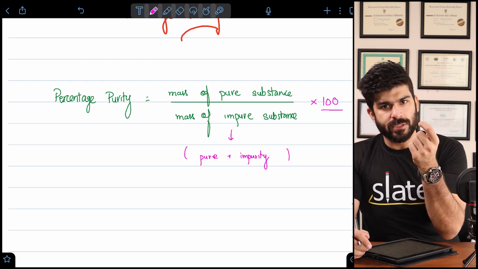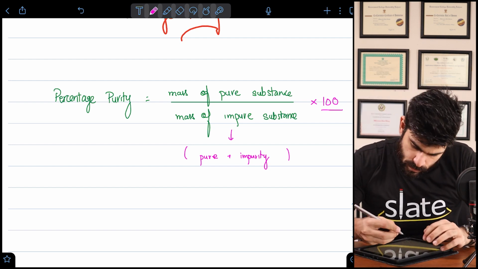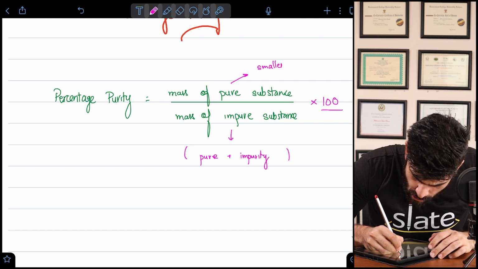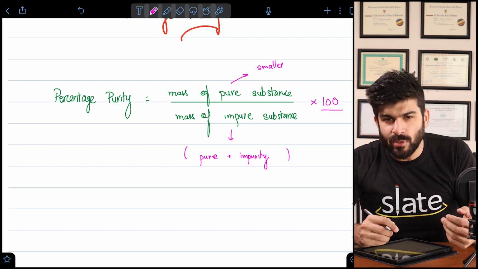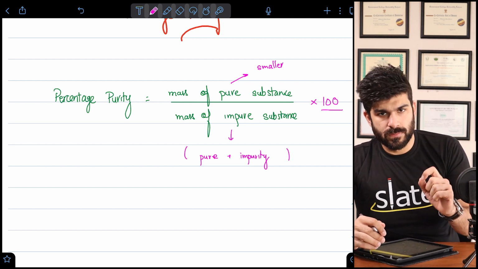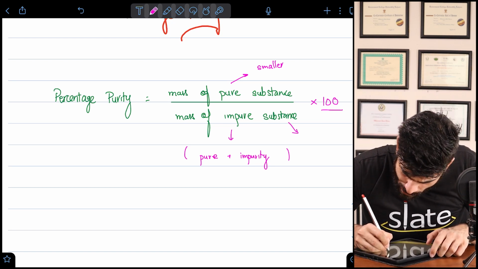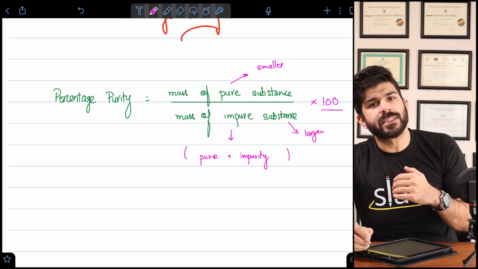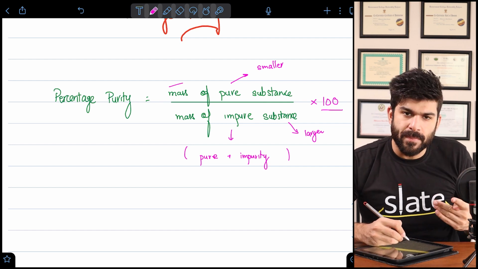So one important tip regarding this formula, always know that the numerator needs to be the smaller value. Because students sometimes get confused during the exam. They get two different values and they just get confused which value to use during the whole calculation. If your numerator is higher than the denominator, this becomes a bigger value.